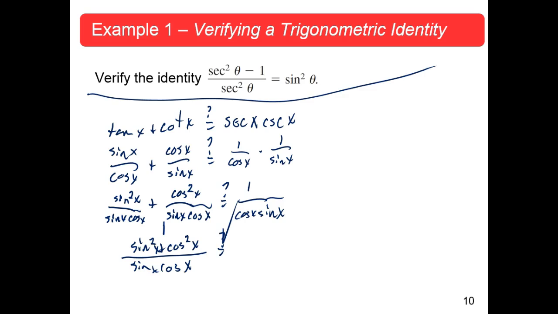You multiply by its, not reciprocal, conjugate. Yeah, that one. And in complex numbers, you multiply by the complex conjugate.